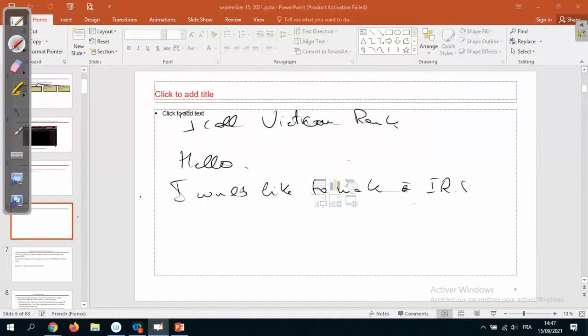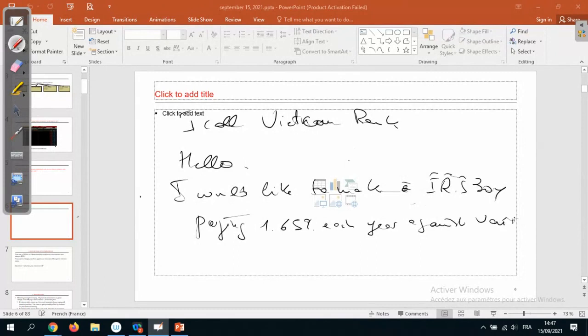IRS, it is interest rate swap, okay? An interest rate swap, paying, maturity maybe 30 years, paying, do you remember, something like 1.65% each year against variable rate, floating.